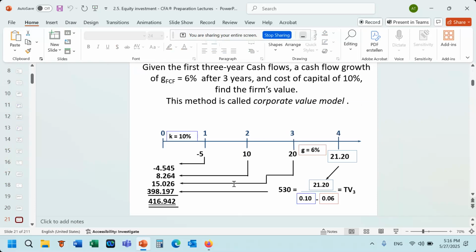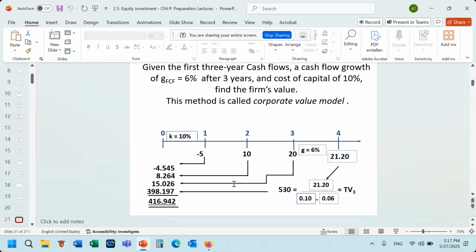Then we discount this 530 at the cost of capital, dividing it by 1.1 raised to power 3, and it becomes 398 million and some change. Then we discount the 20 million cash flow at year 3 and bring it back 3 years, and it becomes 15 million.